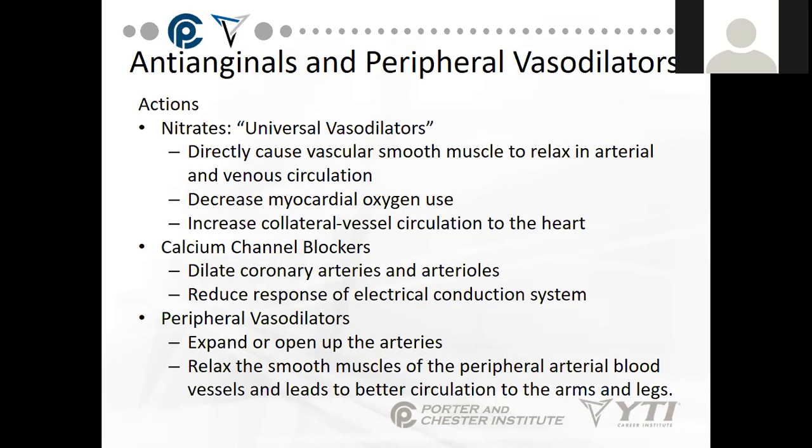So the anti-anginals are basically the drugs for angina and myocardial infarction. The coronary arteries supply blood, oxygen, and nutrients to the body.